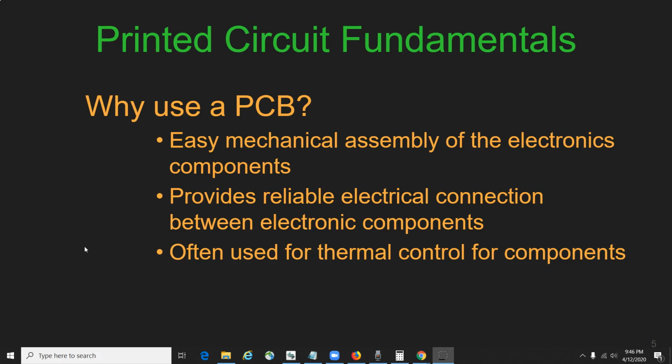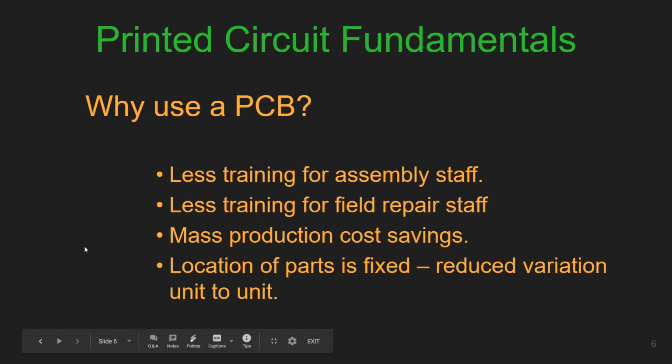And other than that, PCB also allows signals and power to be routed between physical devices, and solder is the metal that makes the electrical connections between the surface of the PCB and the electronic components. And being metal, solder also serves as a strong mechanical adhesive. So that's why PCBs are used more commonly nowadays.